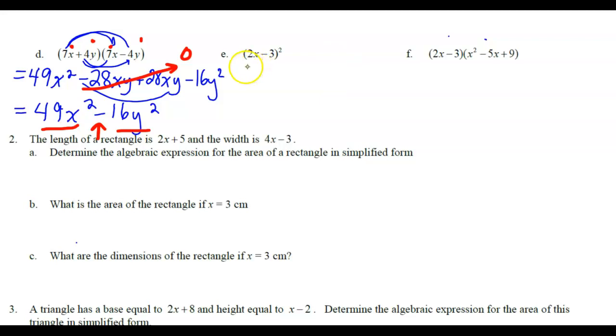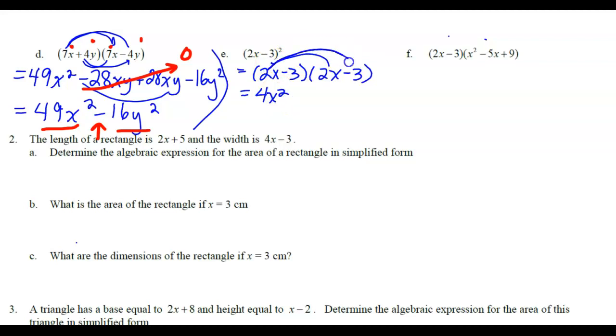If we show this the long way, it's the same as 2x minus 3 times 2x minus 3. So now you expand out. 2x times 2x is 4x squared. 2x times negative 3 is minus 6x. Another minus 6x.